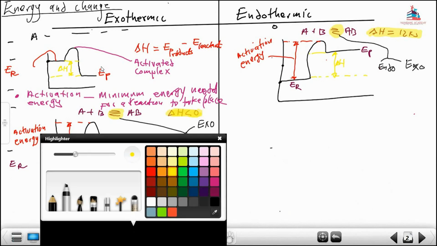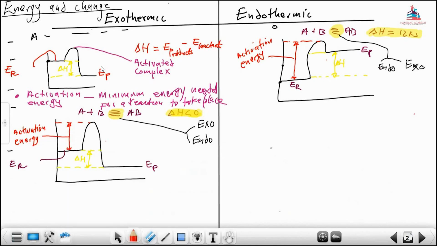Exothermic. So because of that information, the forward reaction is exothermic. And then the reverse reaction will now be what? Endothermic. So every time when the forward reaction is exothermic, the reverse must be endothermic.